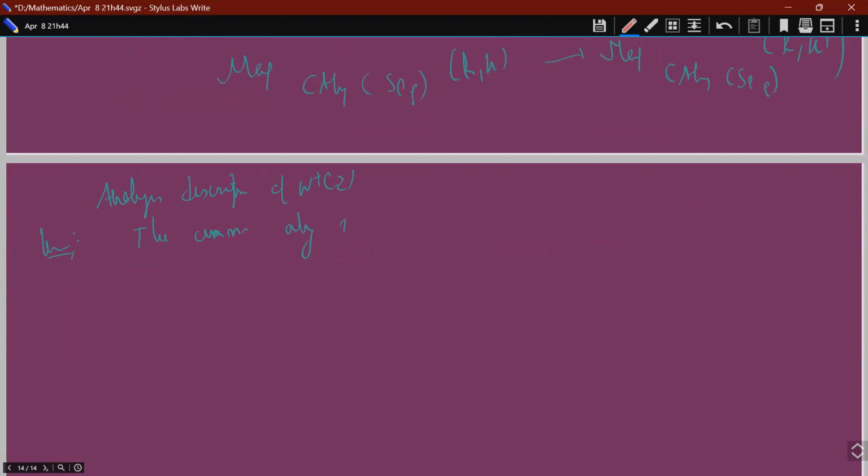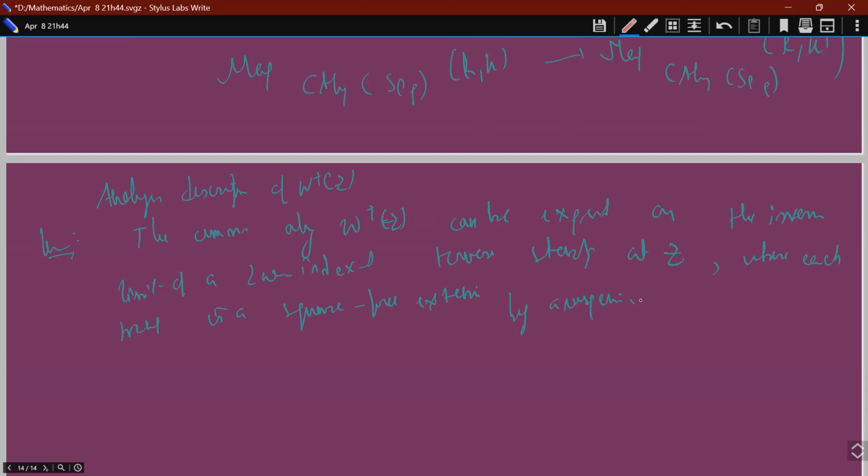The commutative algebra can be expressed as a limit of an indexed tower starting at Z, where each one is where the extension is given by suspension. By suspension.